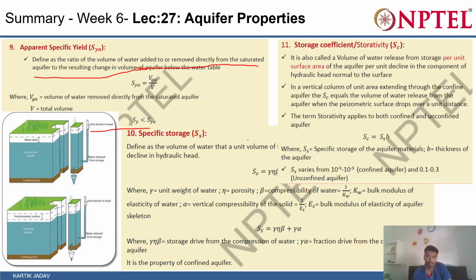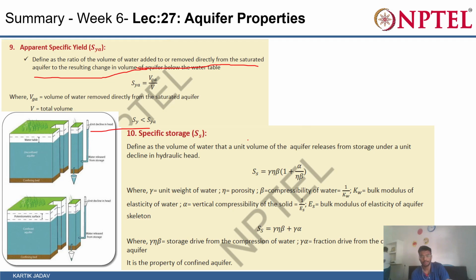Specific storage is the volume of water that a unit volume of aquifer releases from storage under a unit decline in hydraulic head. Specific storage is defined by gamma times eta times beta, in brackets 1 plus alpha by eta beta.